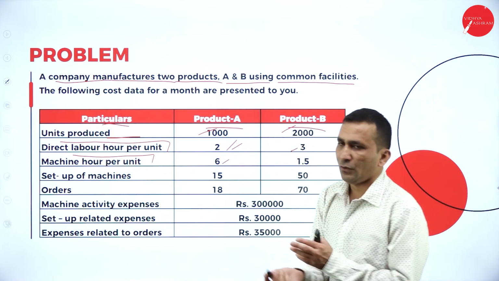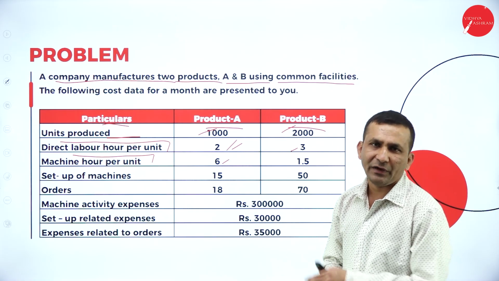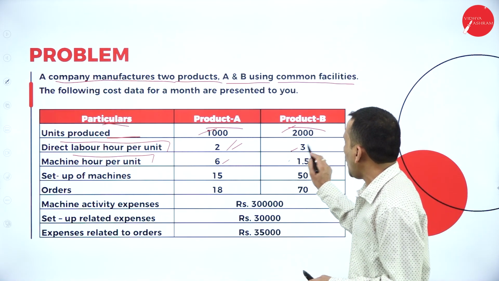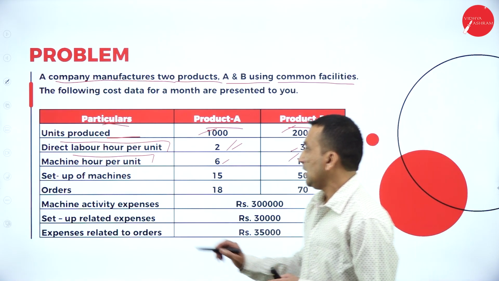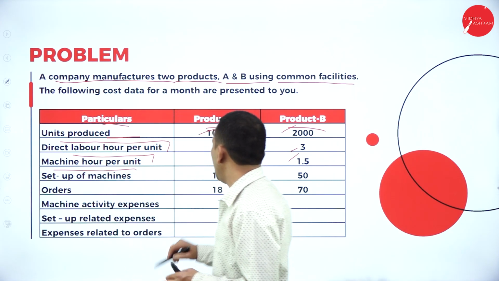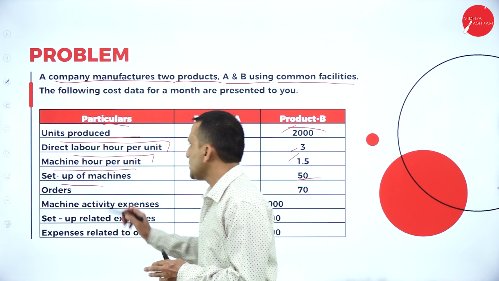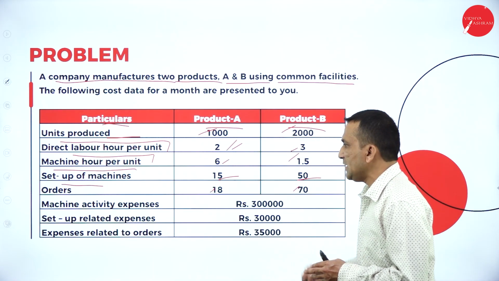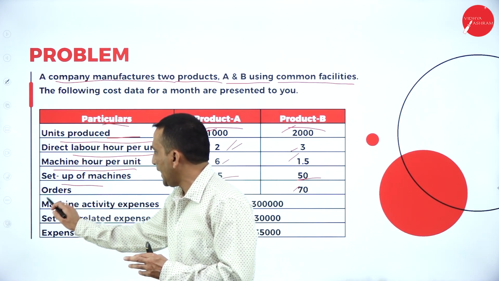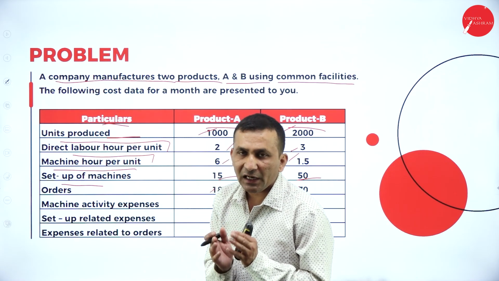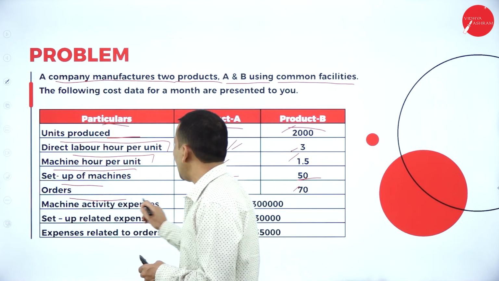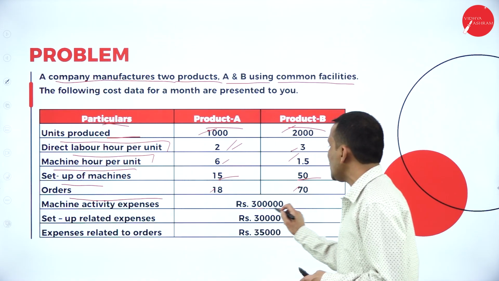The machine hour is related to one kind of activity, the machine related one. So product B is 1 rupee 50 paisa, and the setup of machine is 15 and 50. Next, orders 18 and 70 are given. Now there is additional information related to value. The machine related activity expense is 3 lakh.